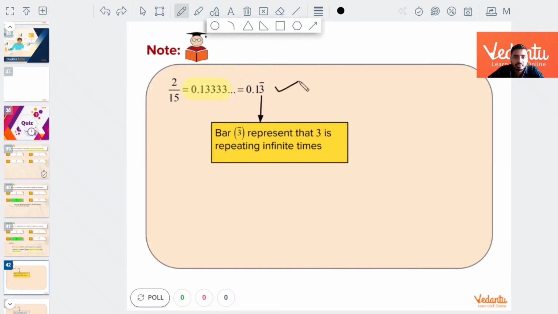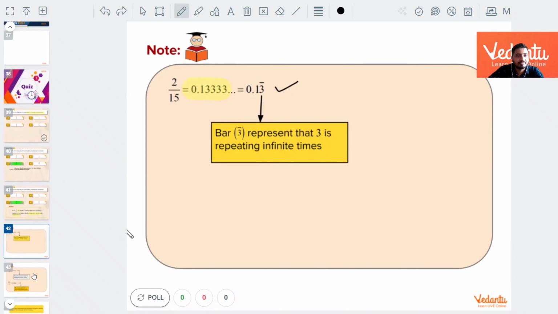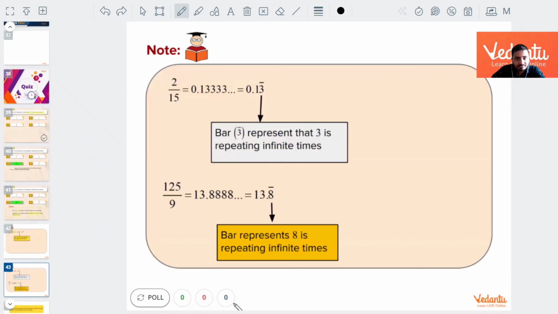Clear? This is another method, where 3 with a bar means 3 is repeating an infinite number of times. Clear to all? Well done. Next one: 125 by 9. What is the answer? 13.8888.